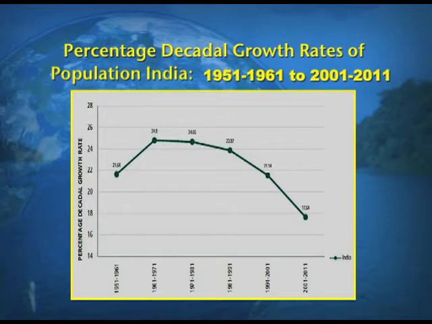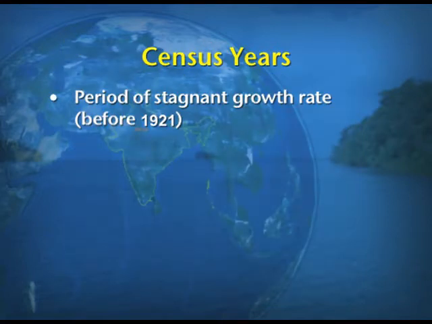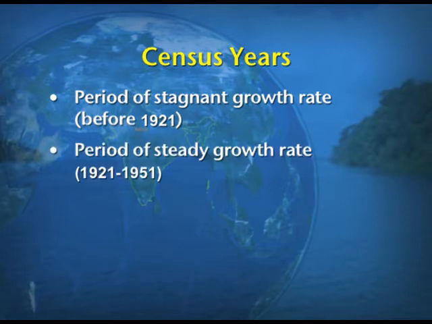Now, according to this diagram, we divide the different census years into 4 parts. 1. The period of the stagnant growth rate, which was before 1921. The second is the period of steady growth rate, that is from 1921 to 1951.